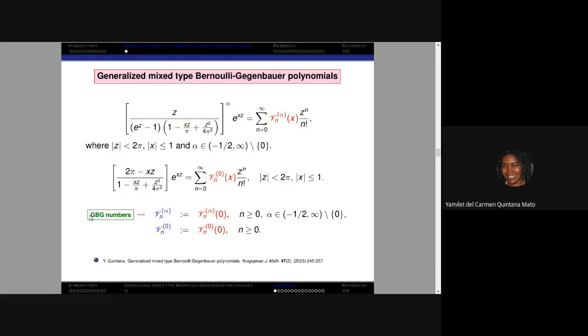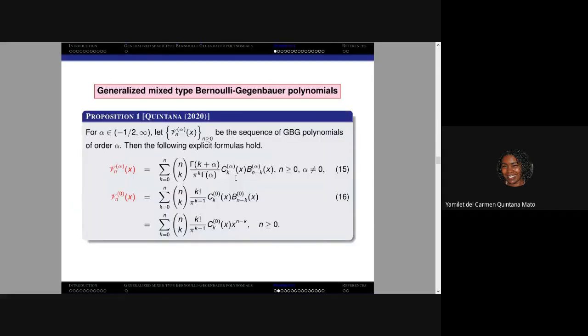Again, we have a GBG number taking x equal to 0, and when alpha, the order, is equal to 0 and x is equal to 0, we use in this case the second representation of the GBG polynomials. Good.